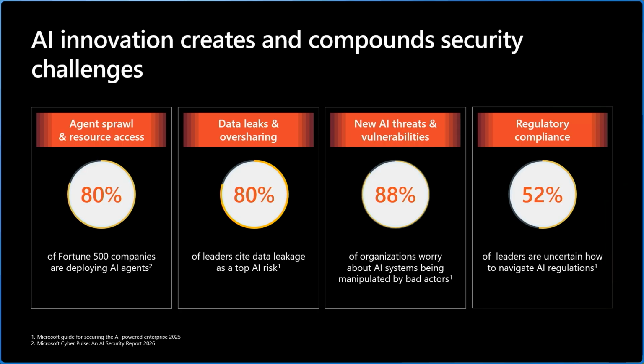Second, data oversharing. 80% of leaders tell us their top concern is sensitive data leaking through AI. This usually isn't a model problem, it's a grounding problem. The agent has access to, say, a SharePoint site, a CRM, an email thread that the user technically can reach, but probably shouldn't be surfacing in this context.